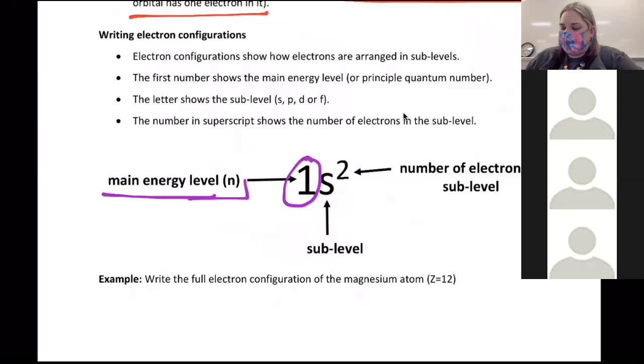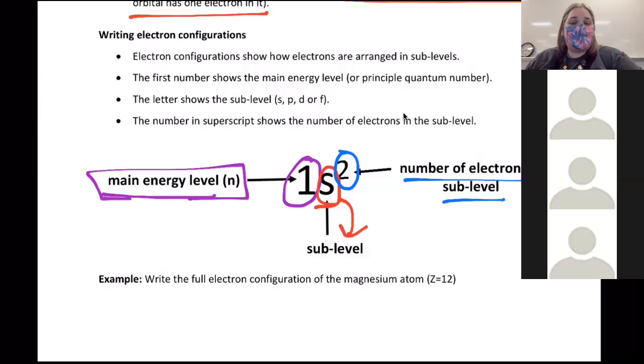And then after that comes the letter that indicates our sublevel. So it'll be either S, P, D, or F, okay? And then after the letter for the sublevel, there will be an exponent or a superscript, written up high. That superscript tells me the number of electrons in that sublevel.